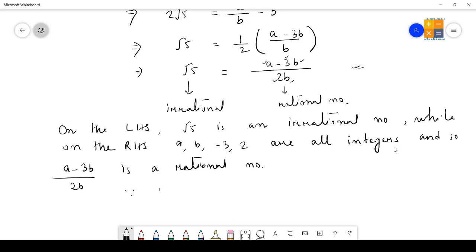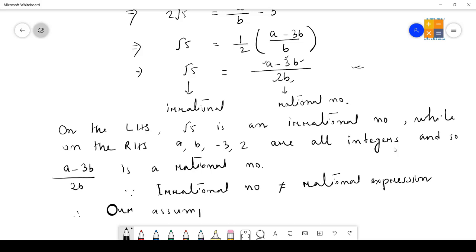Since irrational number is not equal to rational expression, hence our assumption is wrong.